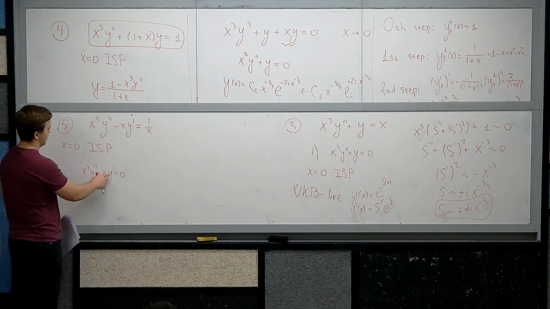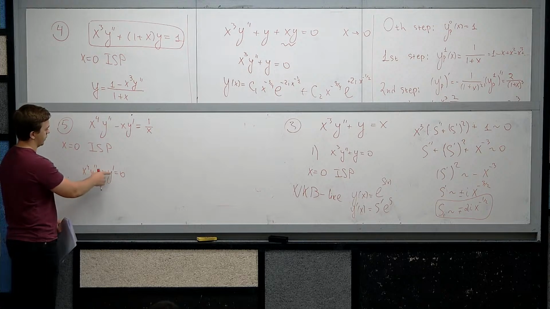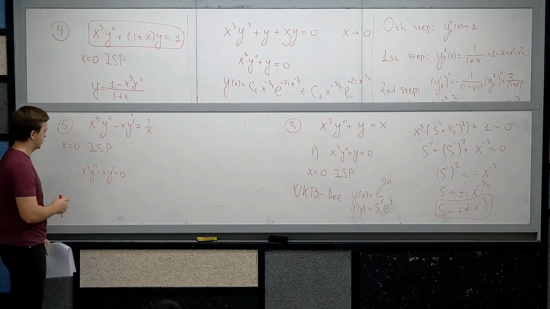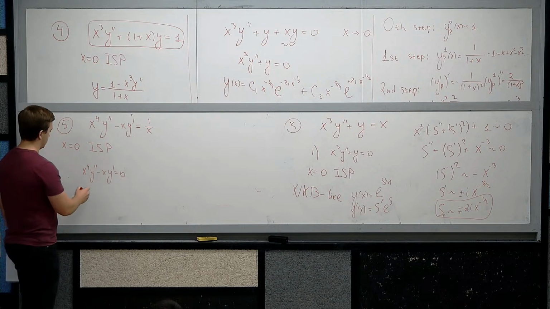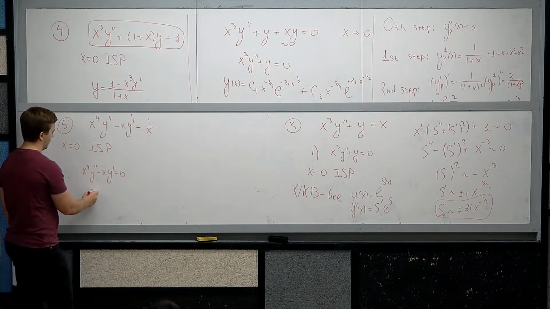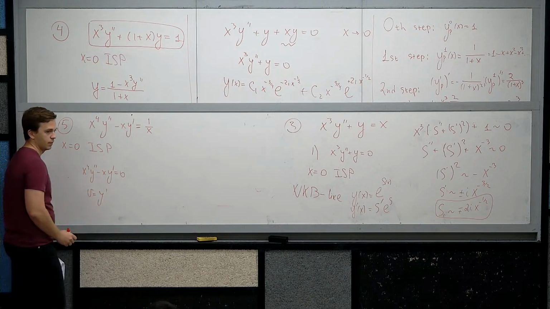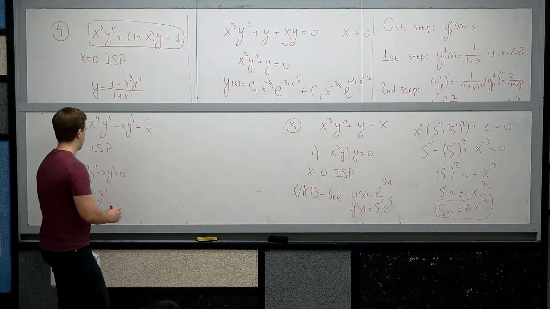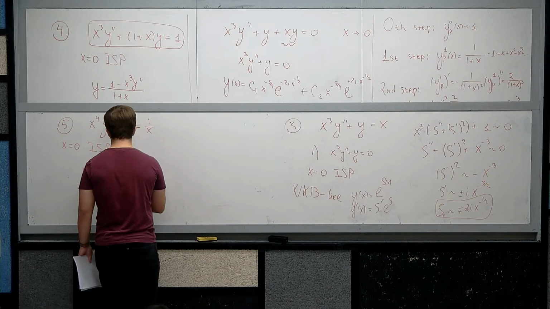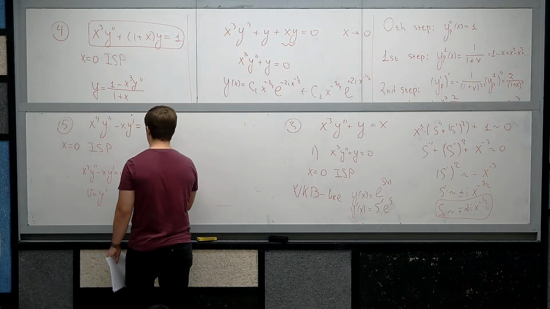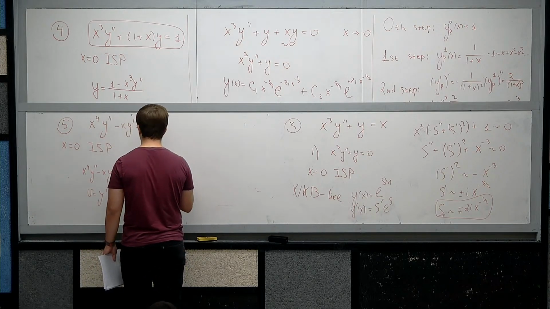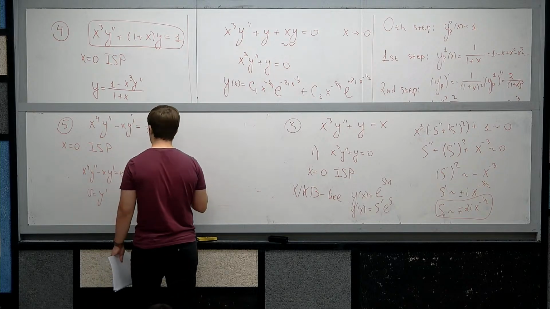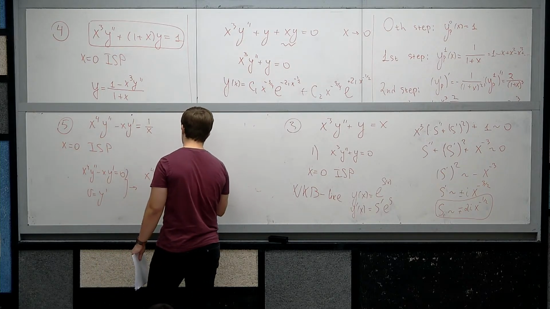You see, because we don't have the function y itself here, we can use a substitution. So for example, v is y prime. And then we can rewrite this equation in this form: x to the 4th v prime minus x v equals 0.